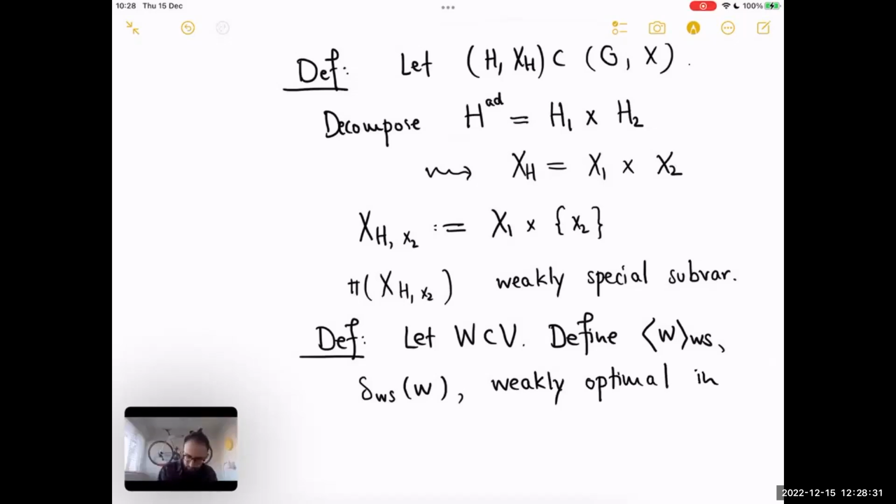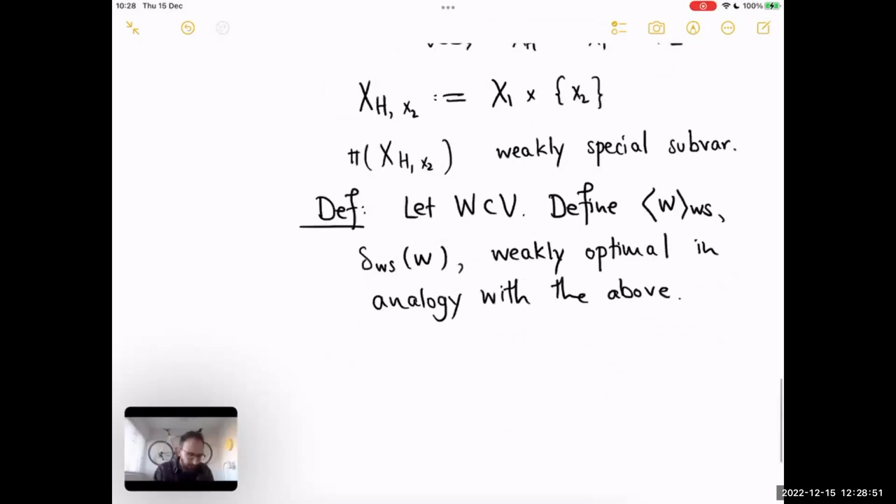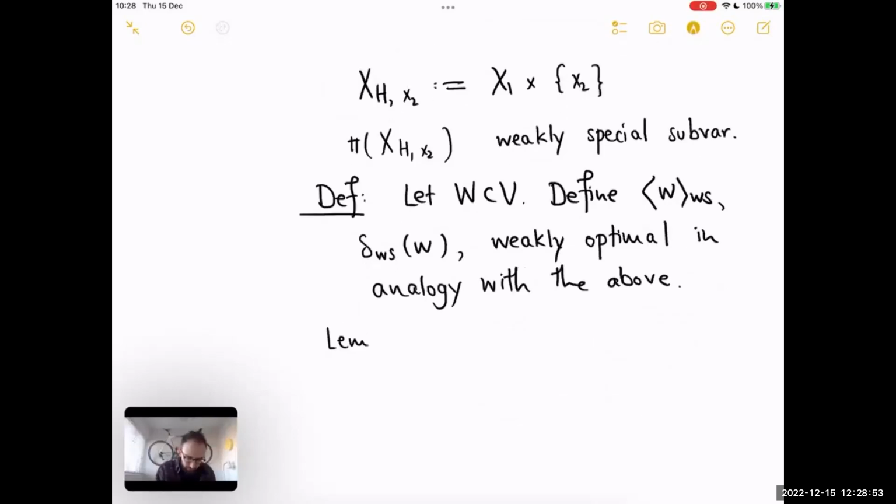So just in analogy. So the geometric Zilber-Pink conjecture is about how these are distributed. Now the name is apt because it's not completely obvious, but not deep, to show that an optimal subvariety is weakly optimal.